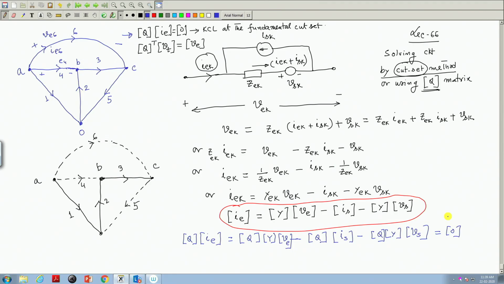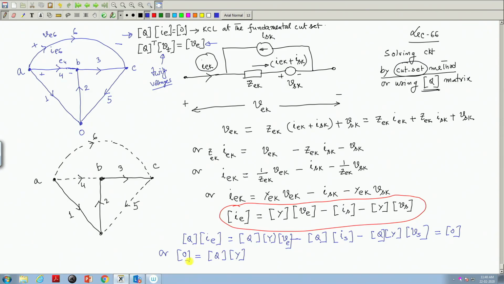So this is equal to 0, and 0 is equal to Q into the nodal admittance matrix Y into Ve. Ve can be written in terms of twig voltages. If you know the twig voltages, all the other element voltages can be known. If you know the node voltages, all the voltages of the other elements can be known.